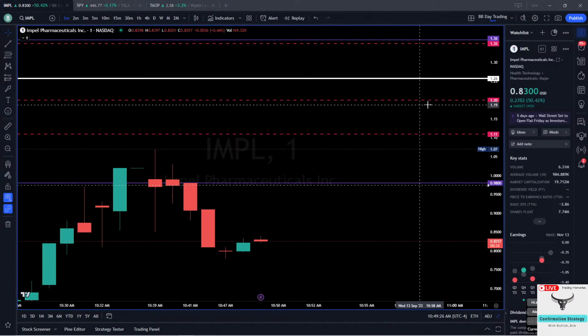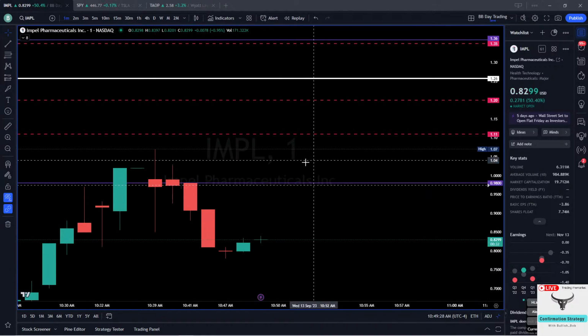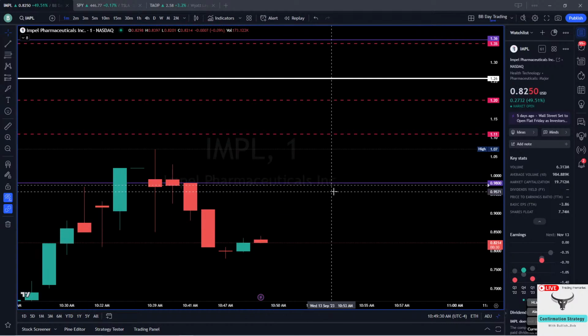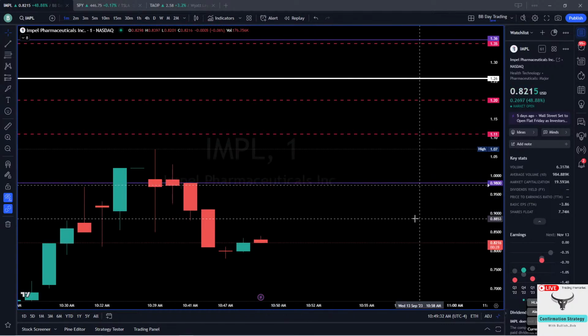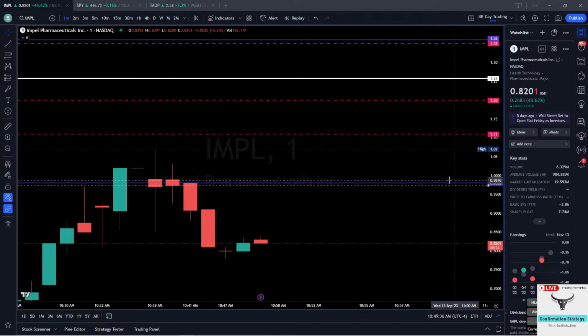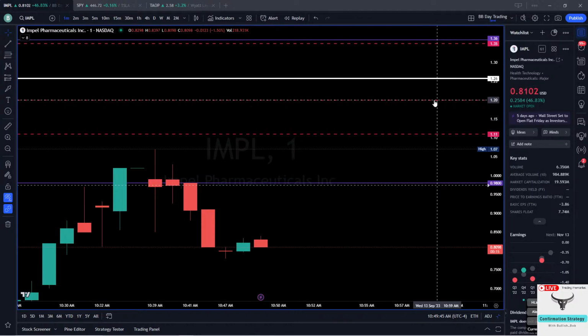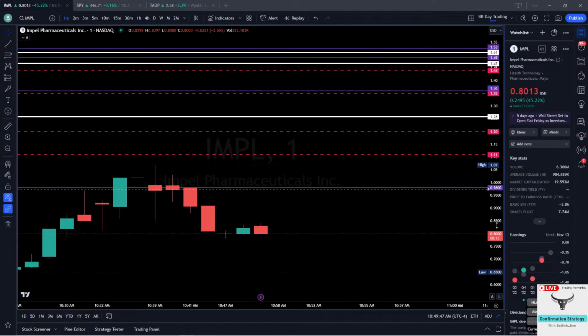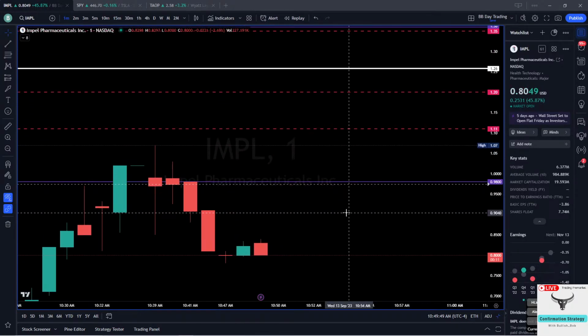So in order for this story to go in the right direction and for IMPL to recover and close over this level, I need to see pure volume closing over this 98 cent level and $1 mental whole dollar test. If we can see that, then we may have continuation to $1.11, $1.20, and possibly $1.26, and maybe even higher than that as well. We have levels above.